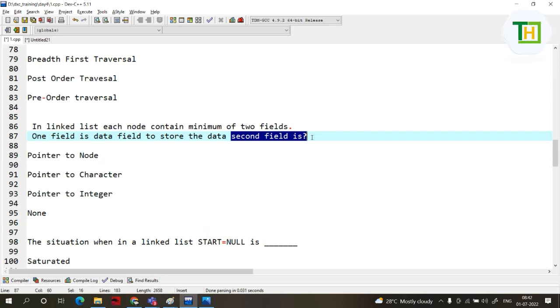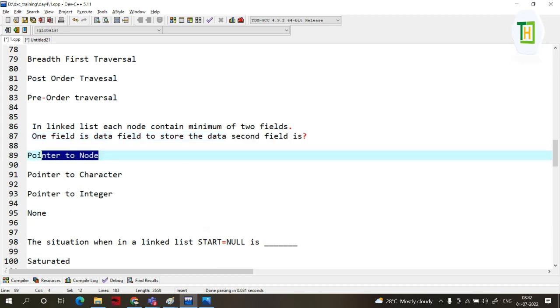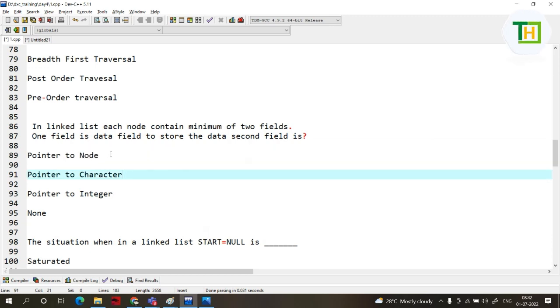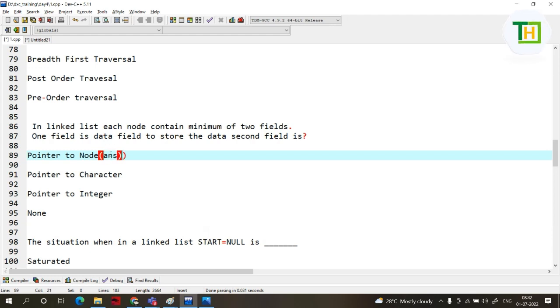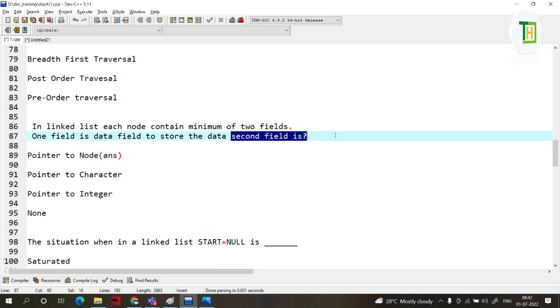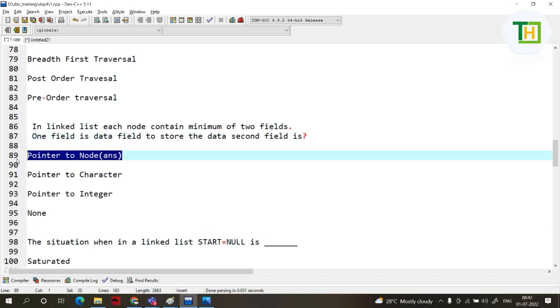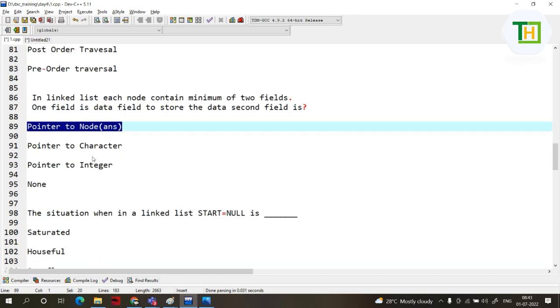That means it is a pointer to the next node, not a character, not an integer. The second field is a pointer to the next node, or the address of the next node. Here the answer is A.